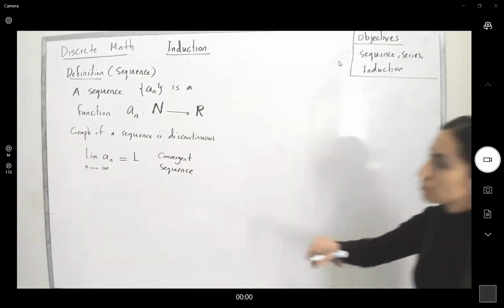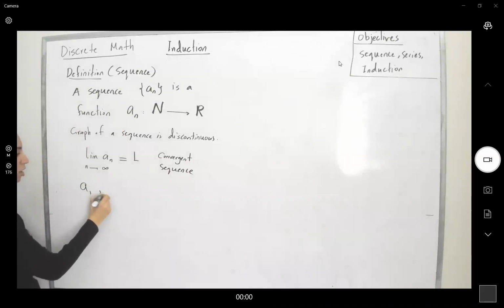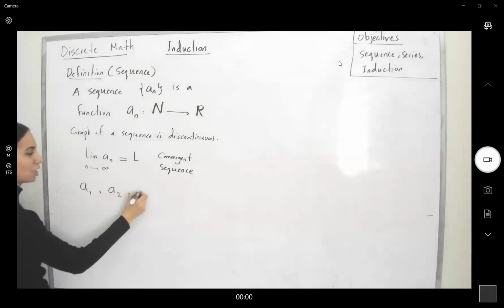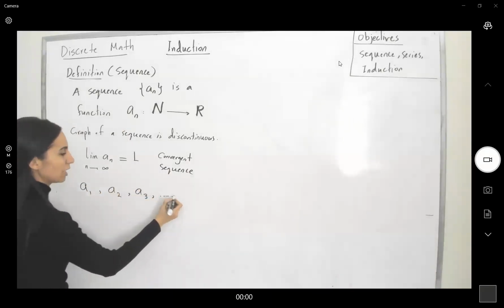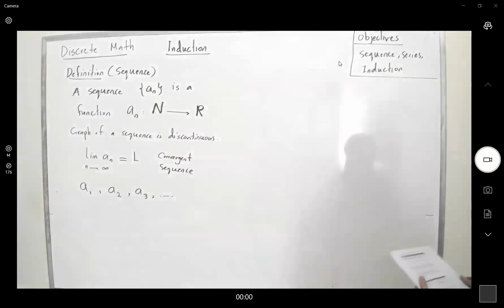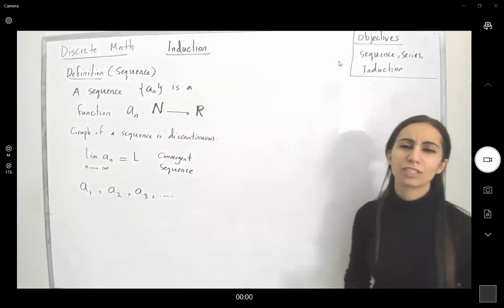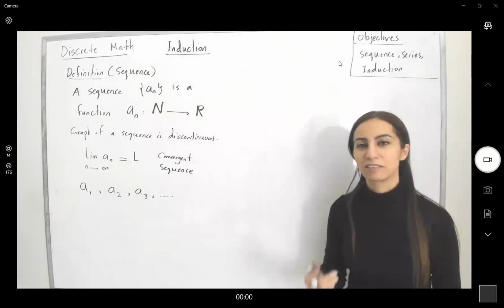We list the terms of this sequence as a sub 1, comma, a sub 2, comma, a sub 3, comma, and the rest of them. Then we add the terms of a sequence and we define something that we call a series.